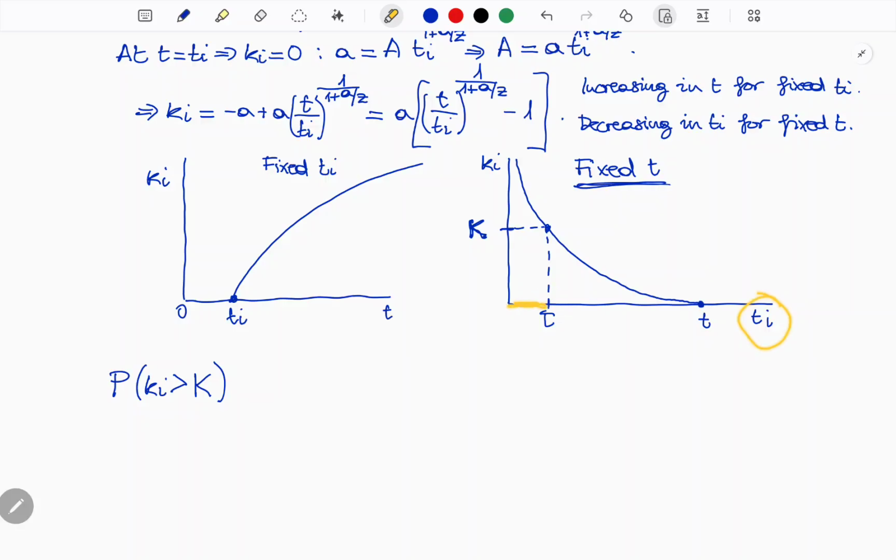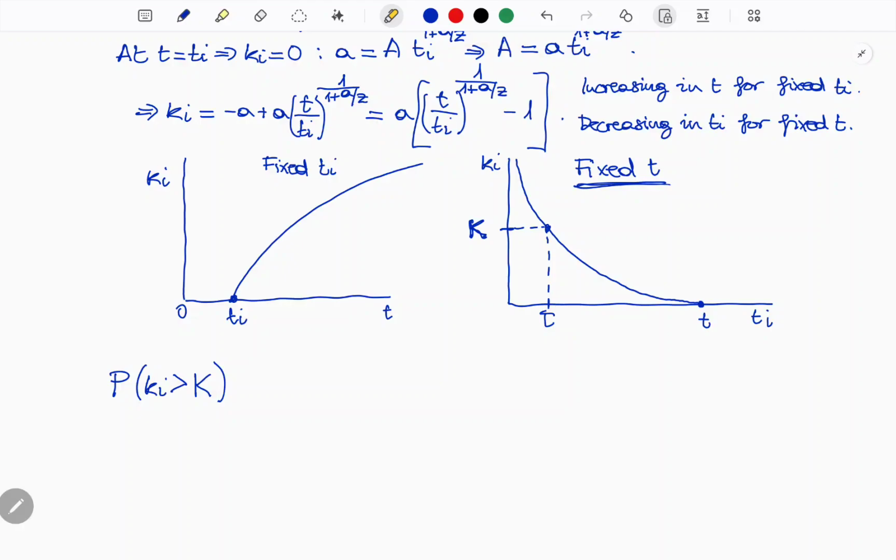So we have to look for nodes that were born before this time tau. And we can find this time tau from this formula, because if instead of ki I write capital K here, and I find the ti such that this value is equal to capital K, then that's the value that I'm looking for.